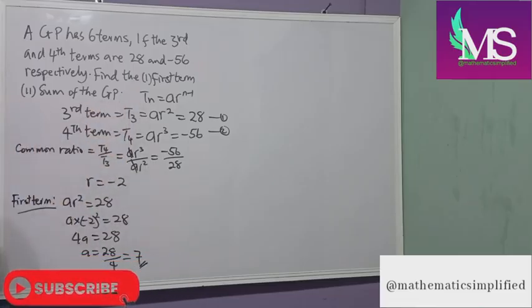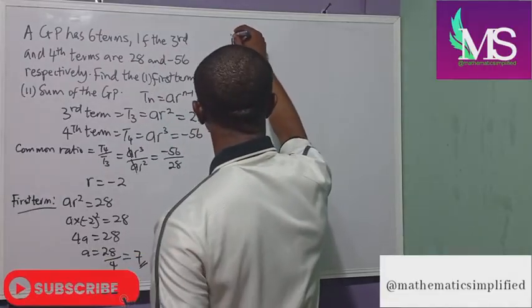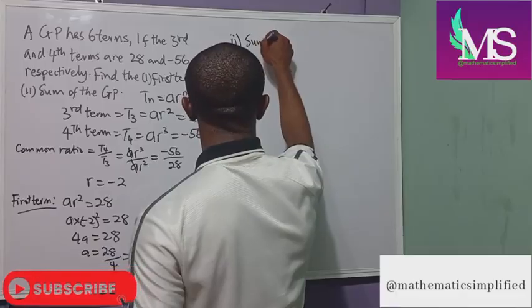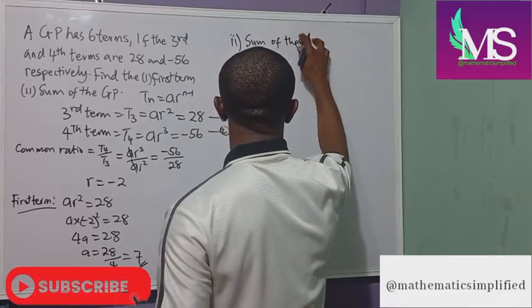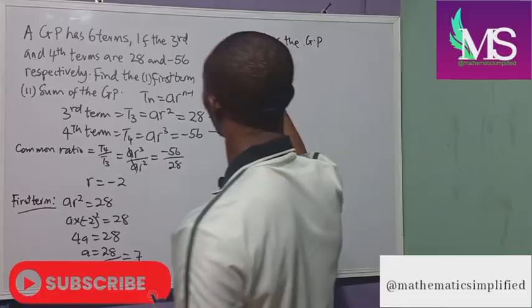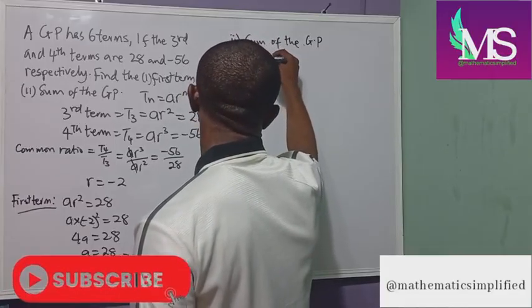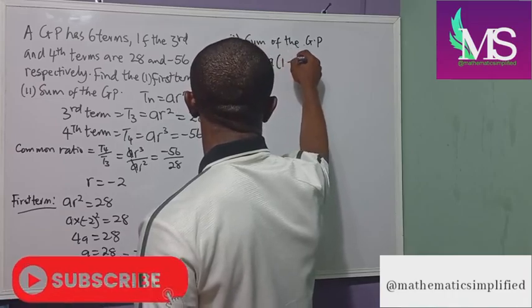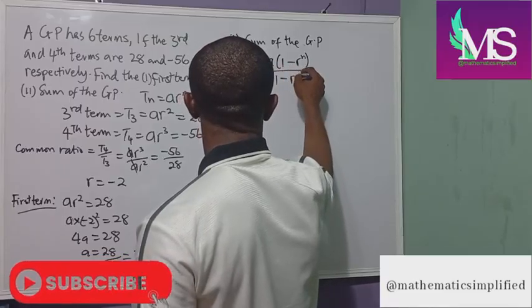Now, let's look at the sum of the GP. For the sum of a geometric progression, we have two formulas. S equals a bracket 1 minus r raised to power n, all over 1 minus r.